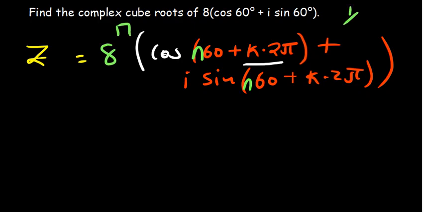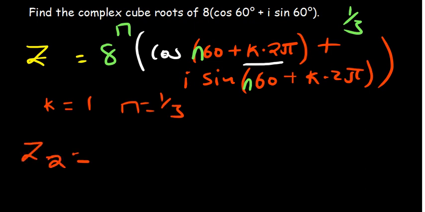So a cube root is 1 over 3. So for our second value, we are saying when k is equal to 1. Remember, our n is still going to be the third root there. So for our z2, it's going to be 8 to 1/3, which is to say 2. Then in the brackets you have cos 60, and we're trying to divide by a 3 there, so it's going to be a 20. Our k is a 1, so it's just going to be plus.